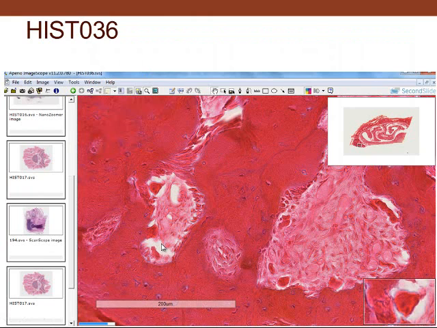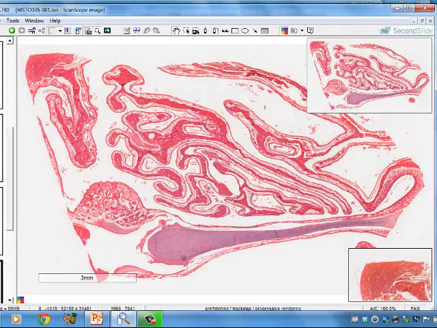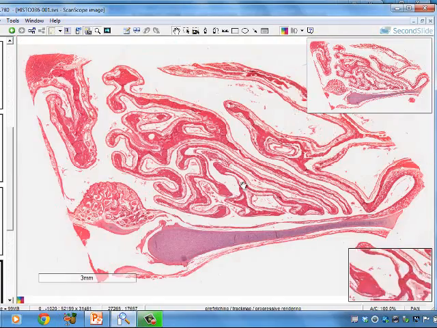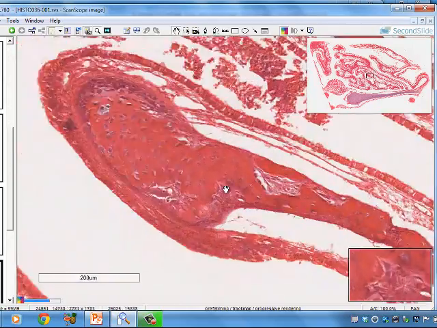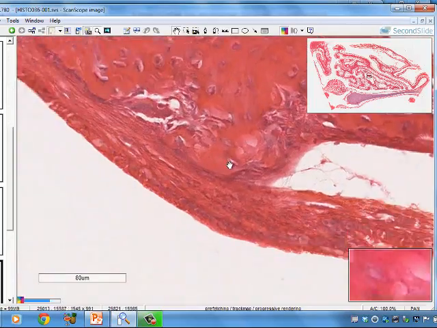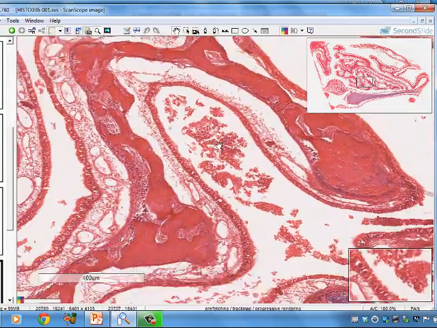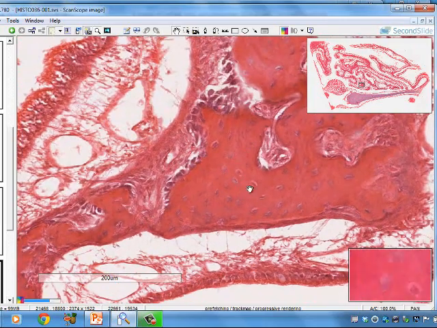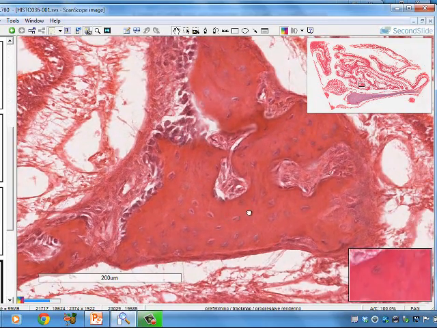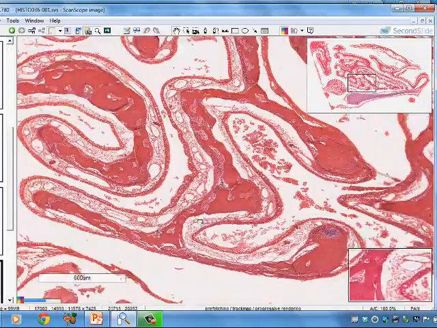Again, we can see that if we look at slide 36, well, you can see bone here. Anyhow, we can see bone. These are the osteocytes located in bone.